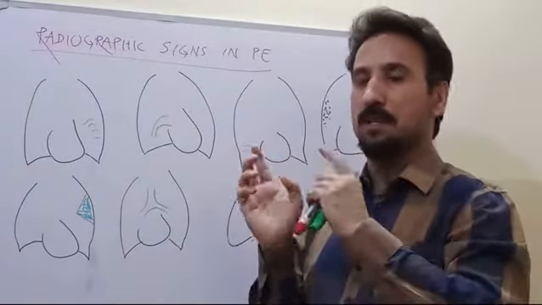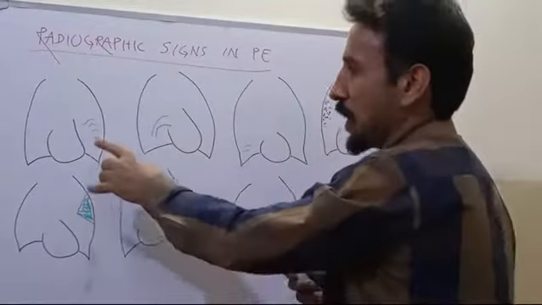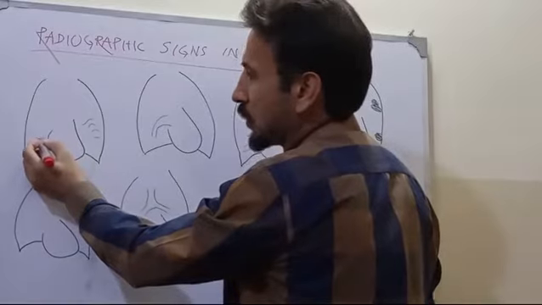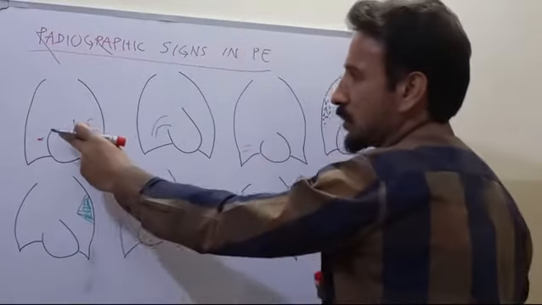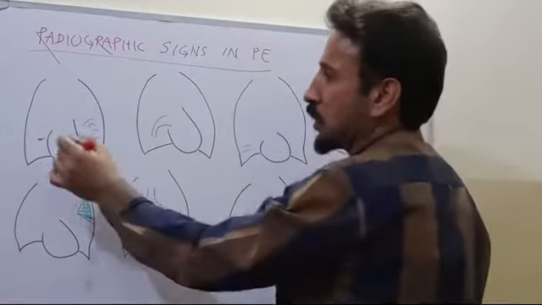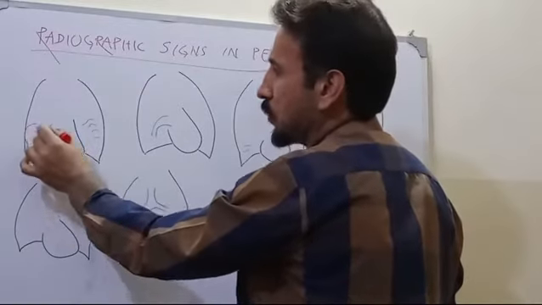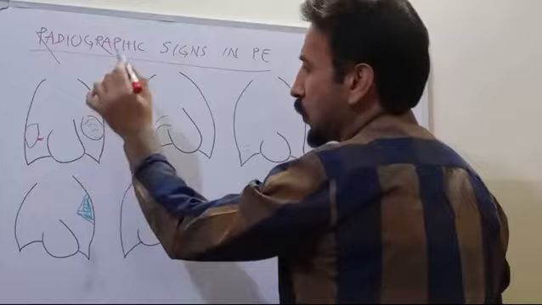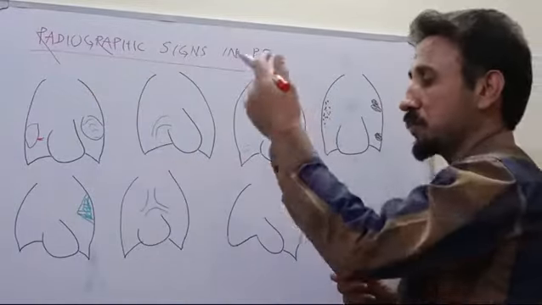For example, if the artery is blocked here, the blood supply is not sufficient in this area, so this area appears blacker as compared to this comparable area on the opposite side.